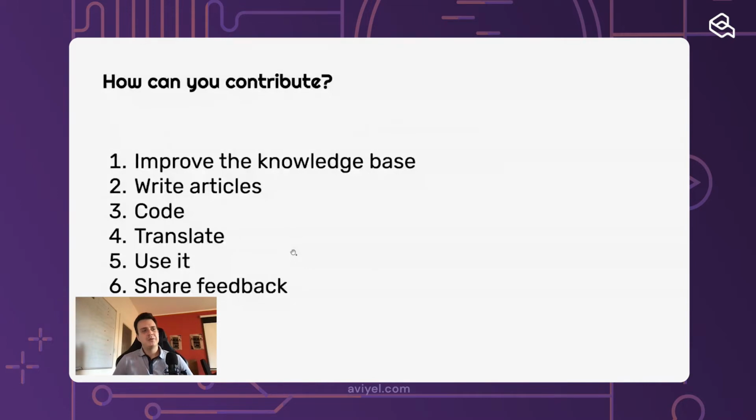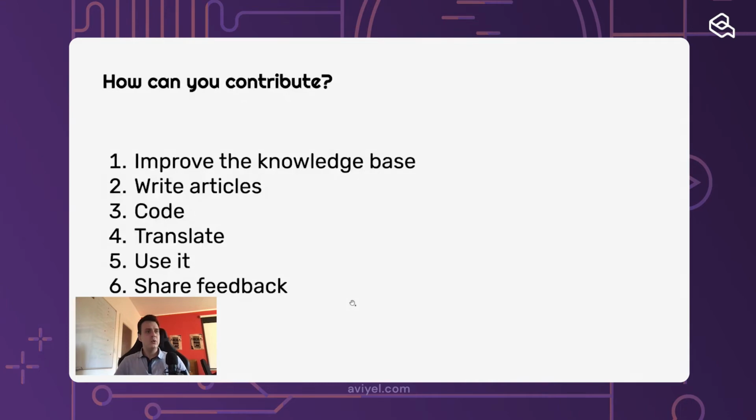So that would be cool, and you can also use it for the actual development of your applications, and then you can let us know what you think, what you would improve, and it would be also great. So those are the ways we would like you to contribute, and it would be pretty great.